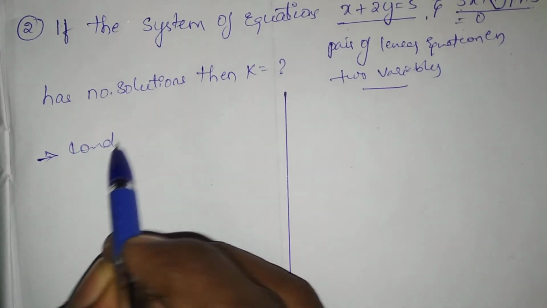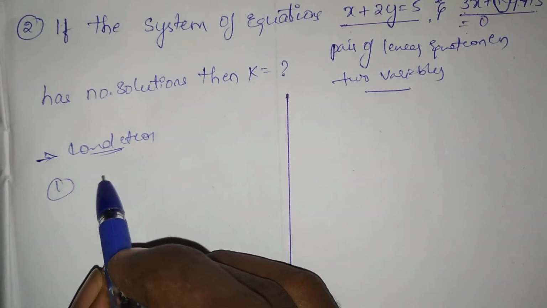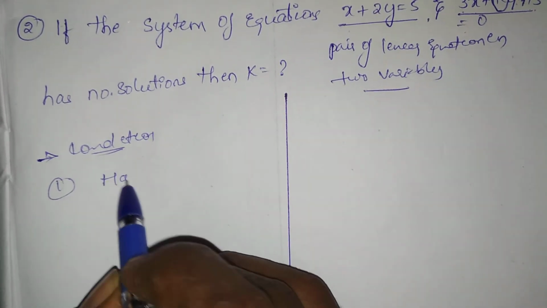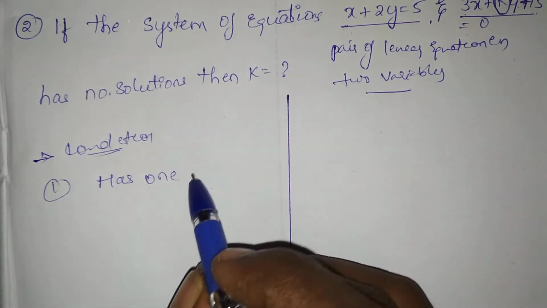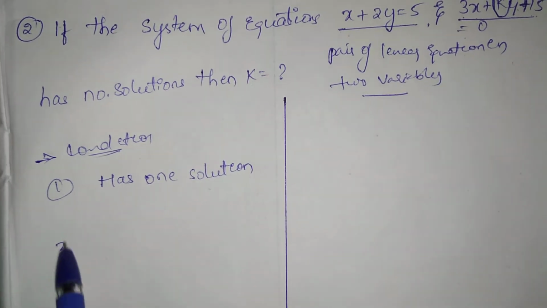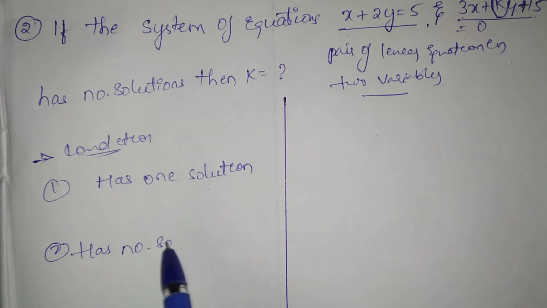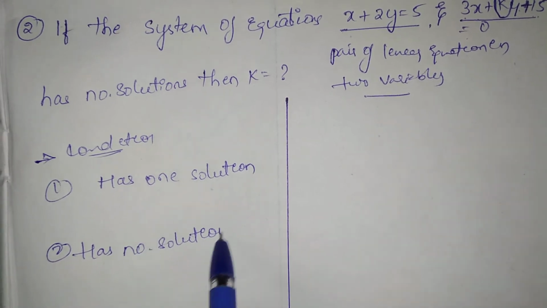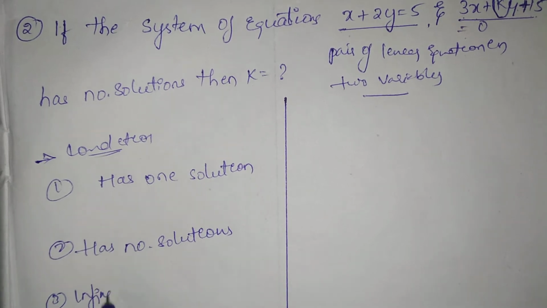Number one condition, has one solution. We'll start from one solution. And number two, has no solutions. And number three, infinitely many solutions.